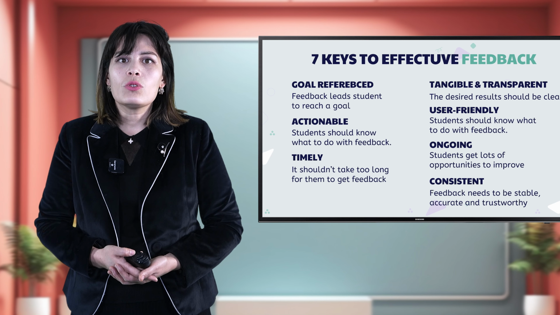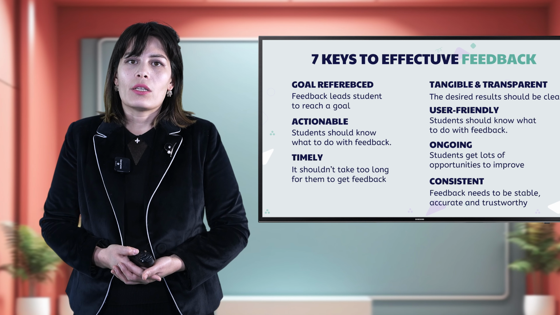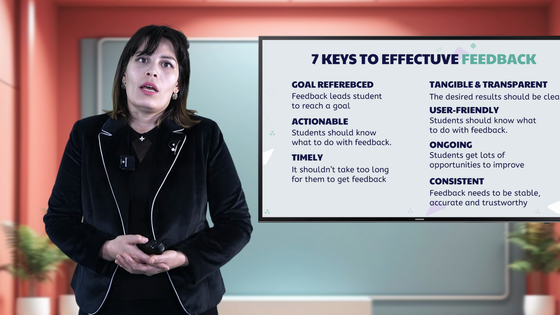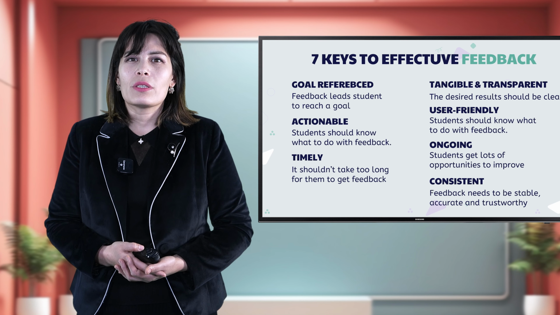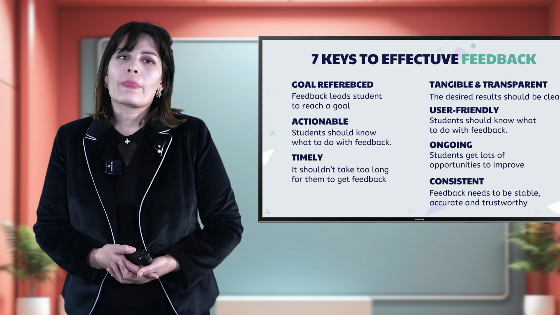Also, the next step of giving effective feedback is user-friendly. If you keep your feedback short and simple, you can give students information on what to do with the feedback, and it will be clearer for them.